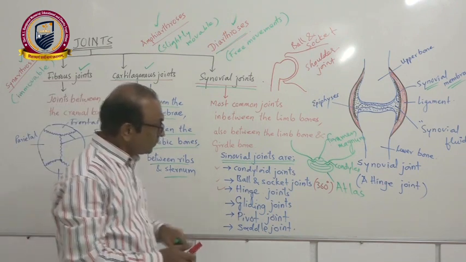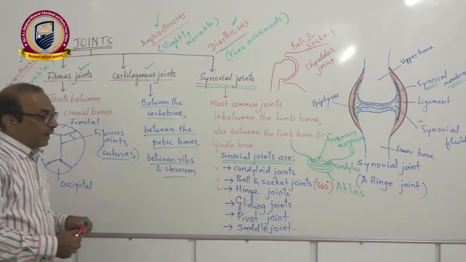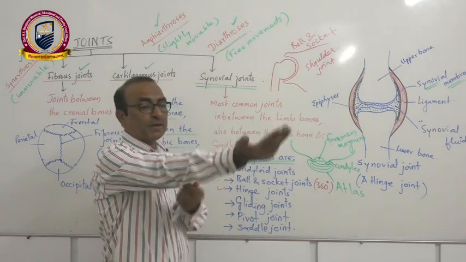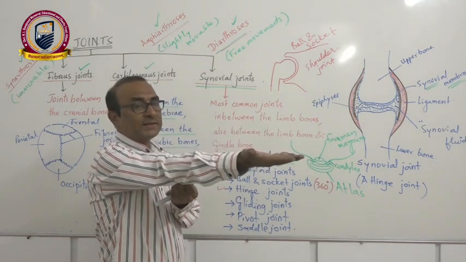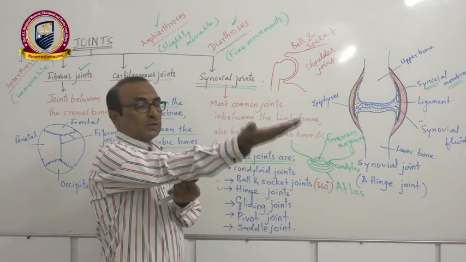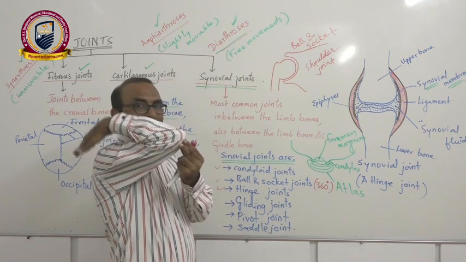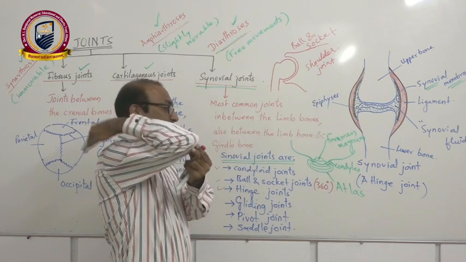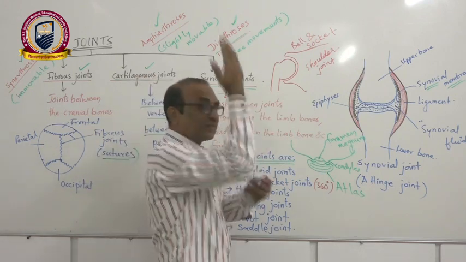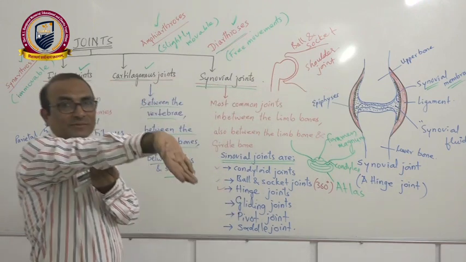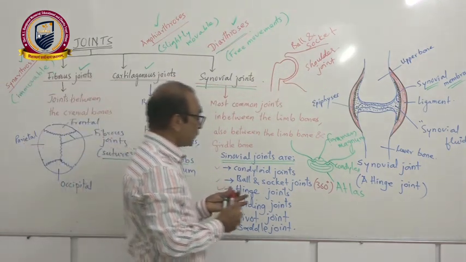Then hinge joints. I was talking to you about the hinge joint, which allows only one-way movement, for example the elbow joint. Elbow joint allows us to fold the hand up to 180 degrees. So they allow 180-degree movements only, not 360-degree. We cannot bend it backward, right? So that's why it is a hinge joint.